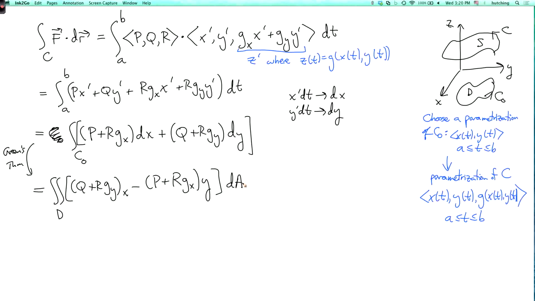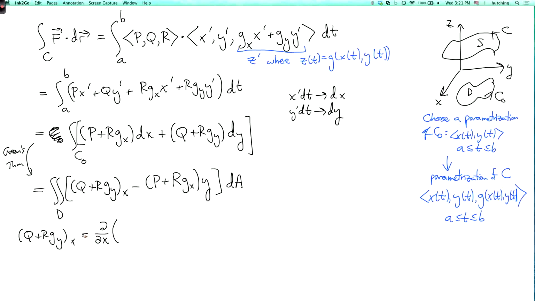Okay, so now I need to calculate the partial derivatives of these guys with respect to x and y. Now this is another use of the chain rule. It's a little bit tricky, so let me show you how this works. So the first one, q plus r g_y, x, is the partial derivative with respect to x.